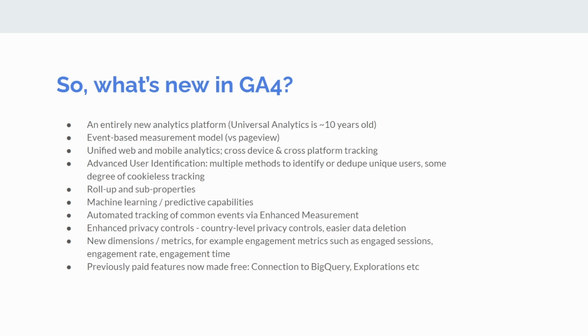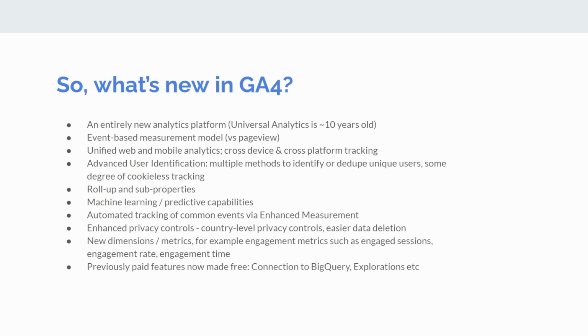So what's new in GA4? Well, we've touched on some of these, but let's have a look. It's an entirely new analytics platform, and as we saw in the historic overview, Universal Analytics is around 10 years old now, so it is about time for an upgrade. GA4 is an events-based measurement model, whereas Universal Analytics was pageview. I'll go into that a bit deeper on the next slides.